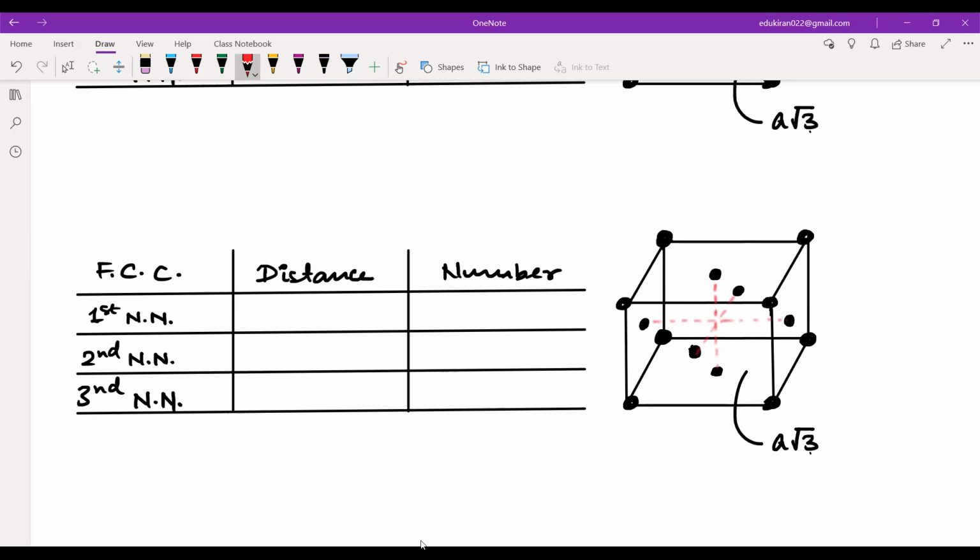I think now it is clear. Face-centered atoms, yes or no? Tell me. Yes or no? Okay. Yes, sir.